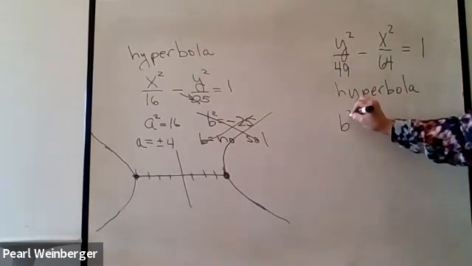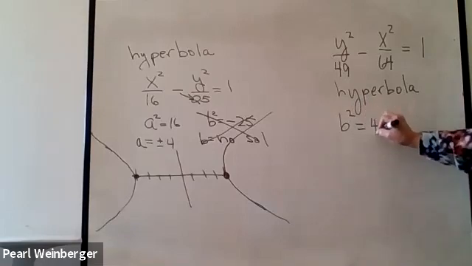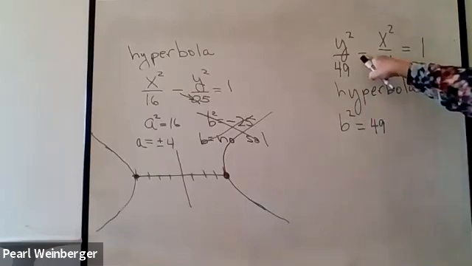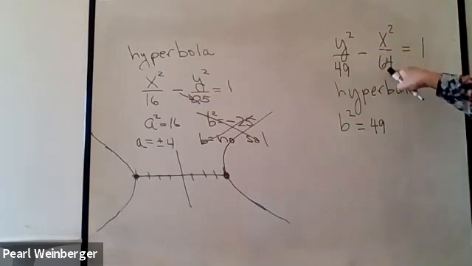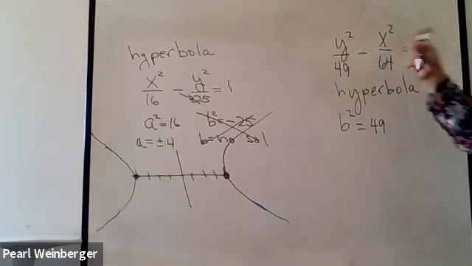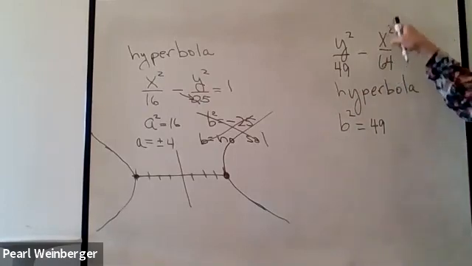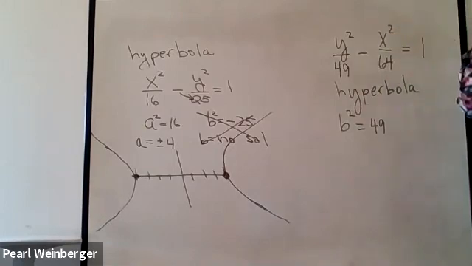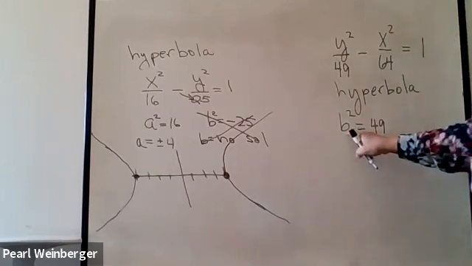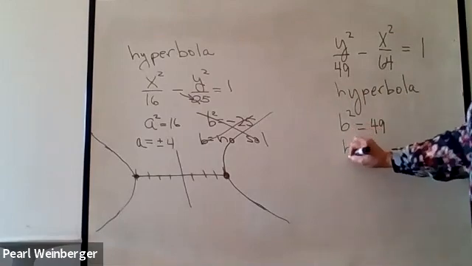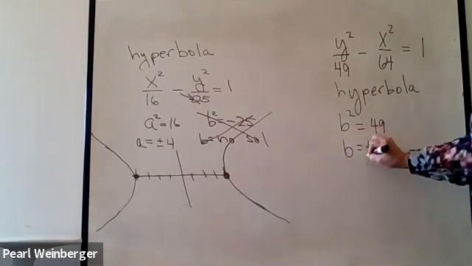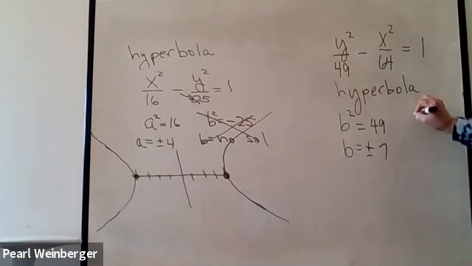We're going to have b squared equals 49. Remember, the a squared is really a negative 64. We cannot use the a in this case because the x squared term is negative. So b squared is 49, which means b is plus or minus 7.